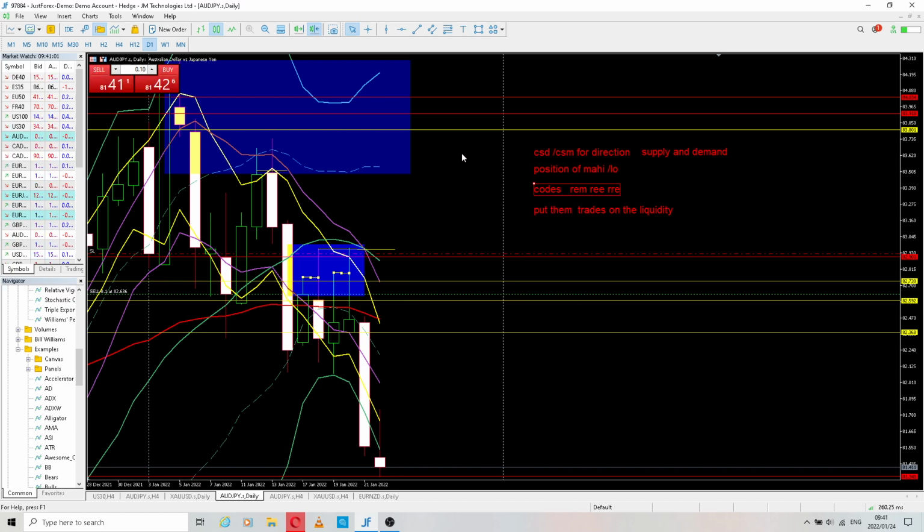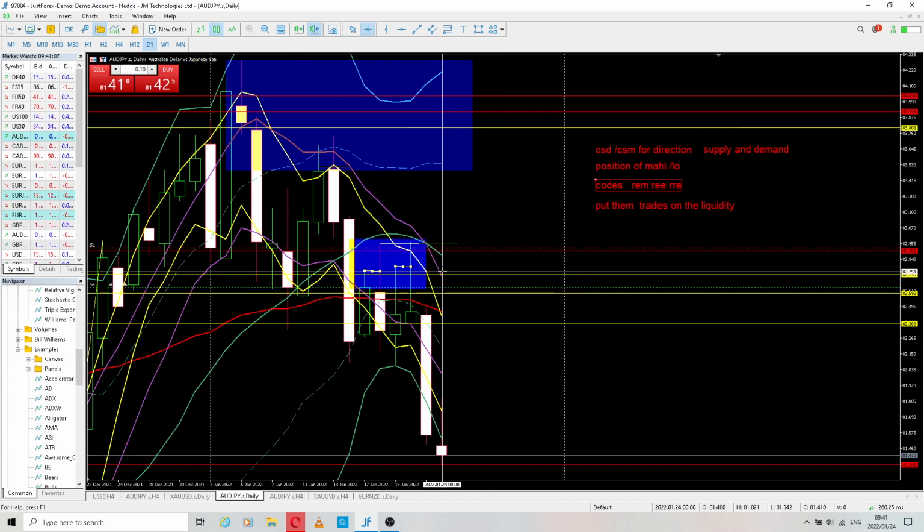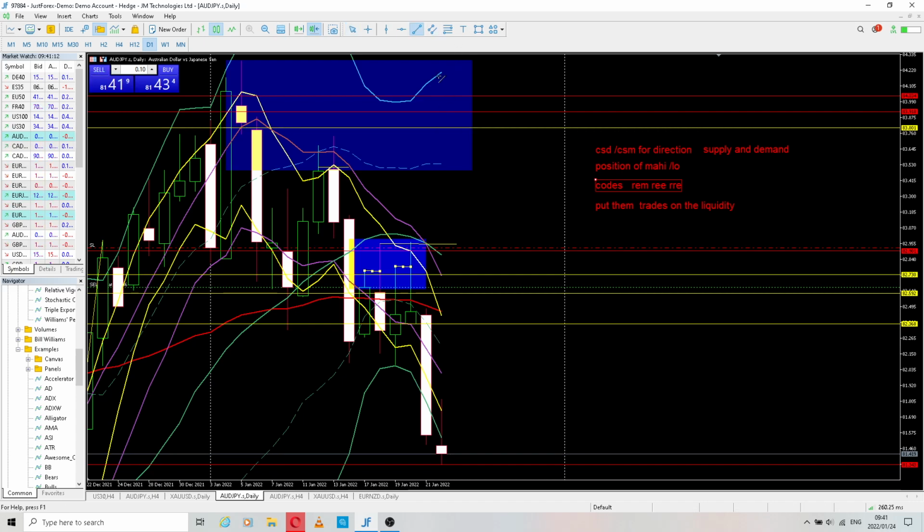When you put your trades on the liquidity, guys, what you have to do is remember the high and low of the day, the equal highs. So remember the liquidity, guys. When you talk about liquidity, you talk about your double top.